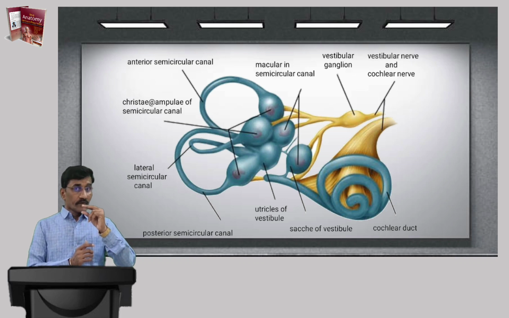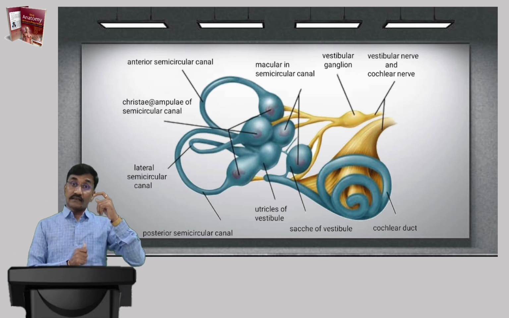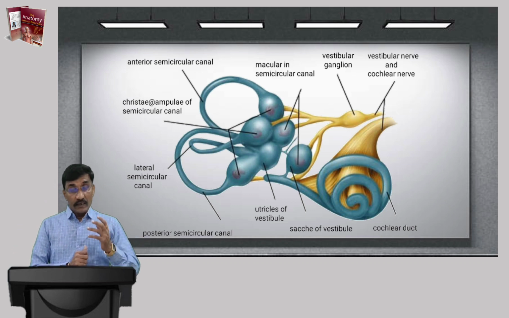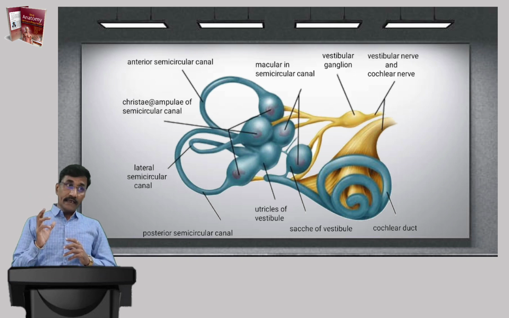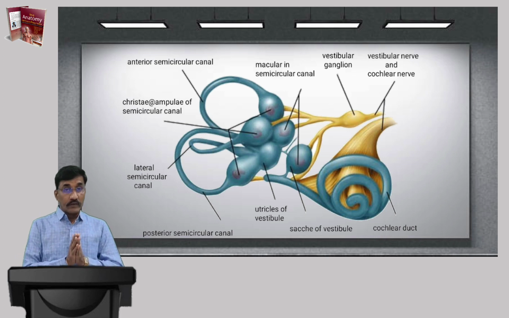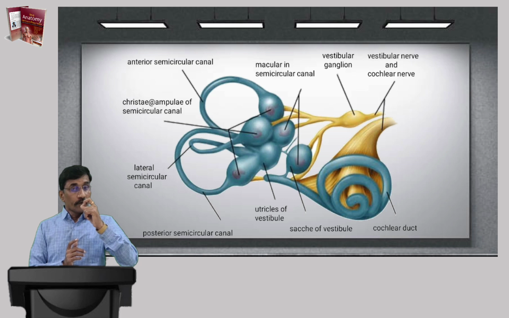The semicircular duct has the cristae and maculae. So the cristae and maculae of the semicircular duct and the saccule and utricle of the vestibule together help to form a part of the 8th cranial nerve, and that is the vestibular part of the vestibulocochlear nerve.